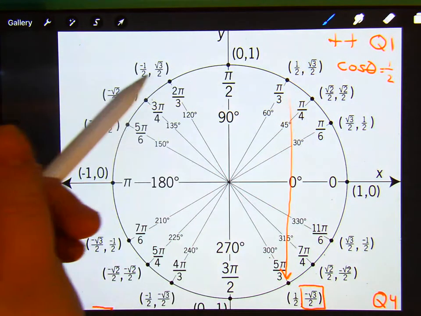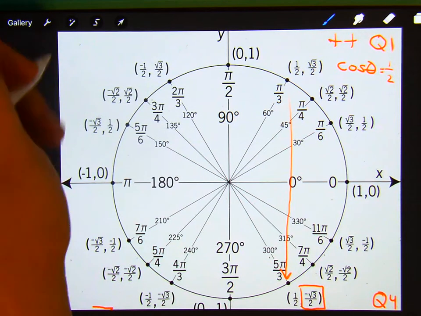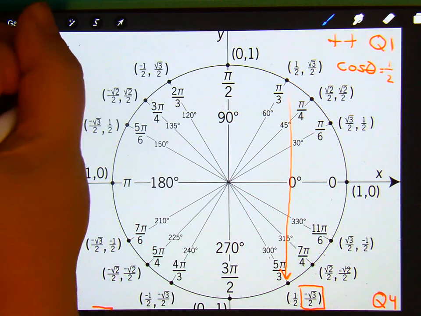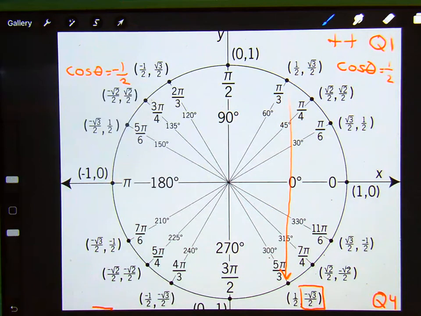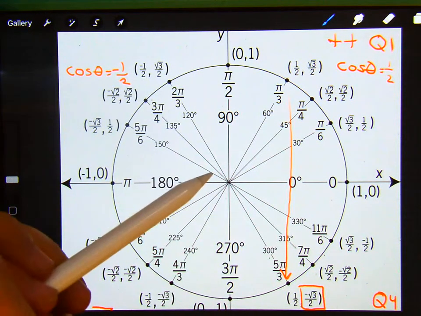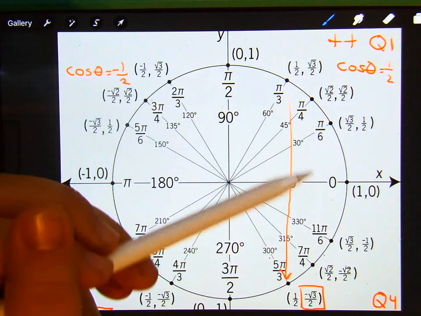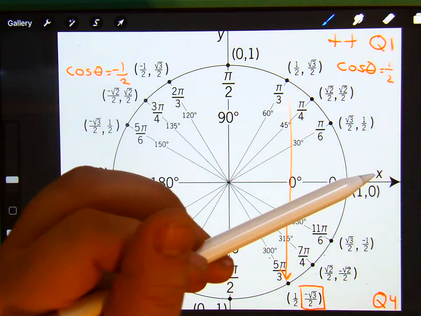So how does this compare to over here? Let's say I said cosine theta equaled negative 1/2. If that's my x quantity, that means it can't be in quadrant 1 or quadrant 4, because everything over here has a positive x.